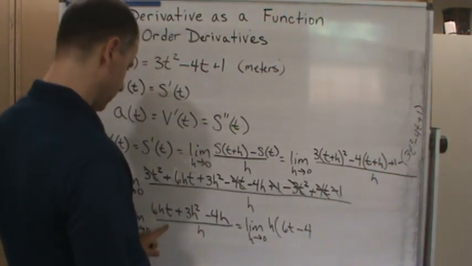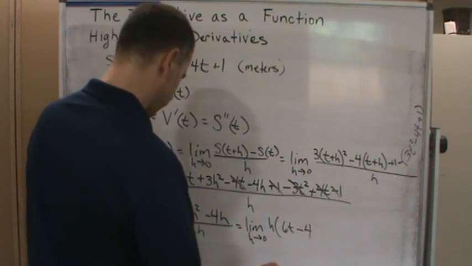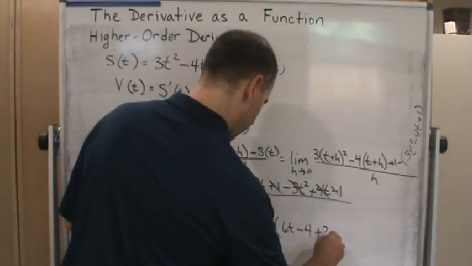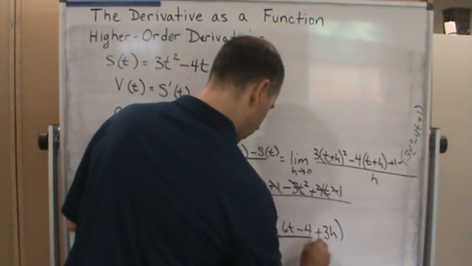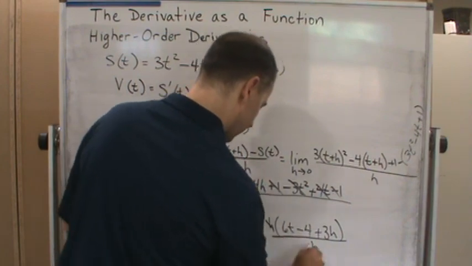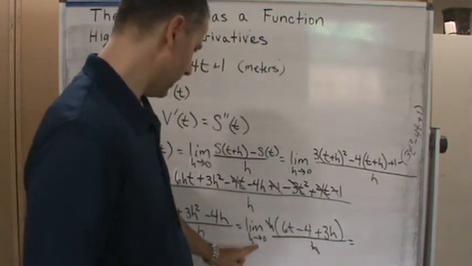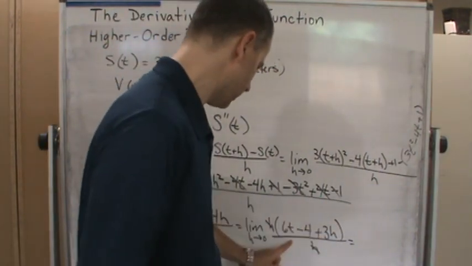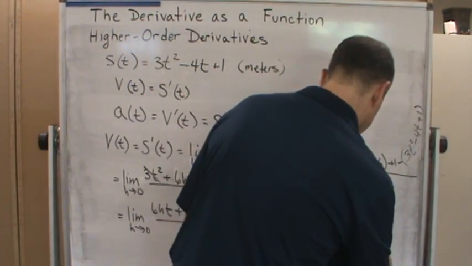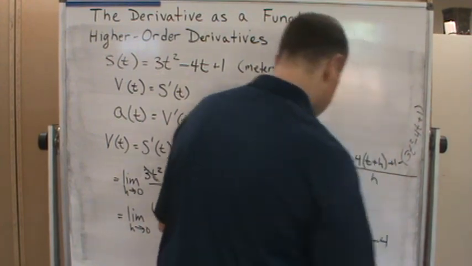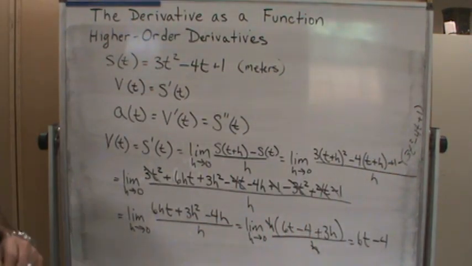Forgot I was factoring out the h. So now these h's are going to cancel. And I get the limit of this thing as h approaches 0. So this 3h is going to go to 0, which is going to leave me 6t minus 4. So that's going to be the function for velocity. That's going to be the velocity function.